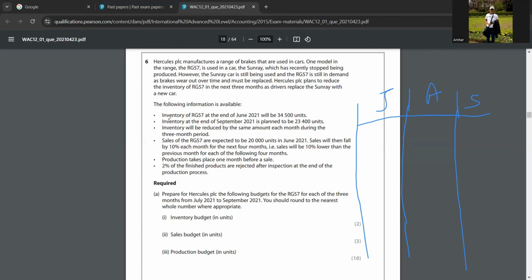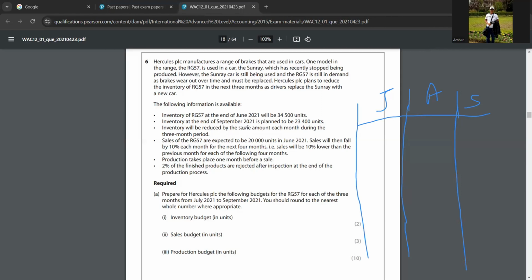Okay, now look at inventory. Inventory of RG57 at the end of June 2021 will be 34,500. Inventory at the end of September 2021 is planned to be 23,400 units. Inventory will be reduced by the same amount each month during the 3-month period.